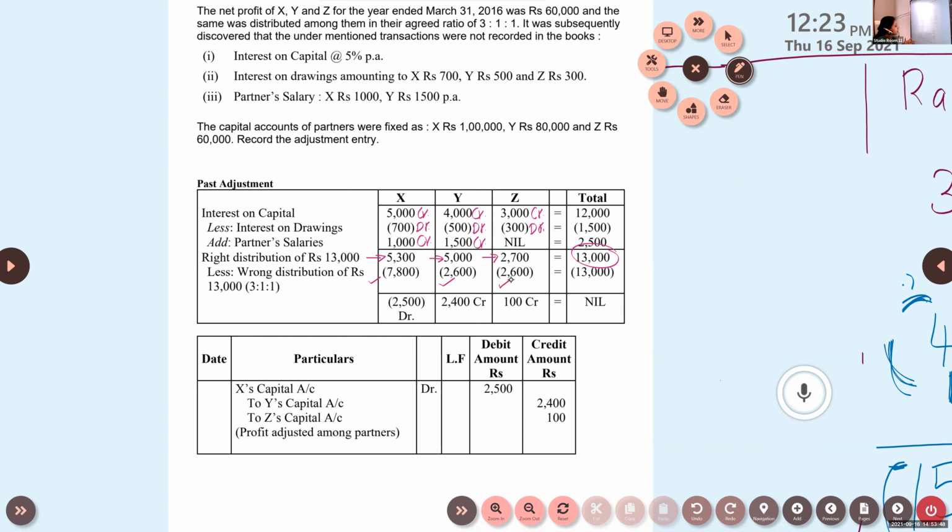Look at X. Actually, X should get IOC and salary less IOD, 5,300. That is the amount to be given to X. He is already having 7,800. So the extra money with him should be taken back.